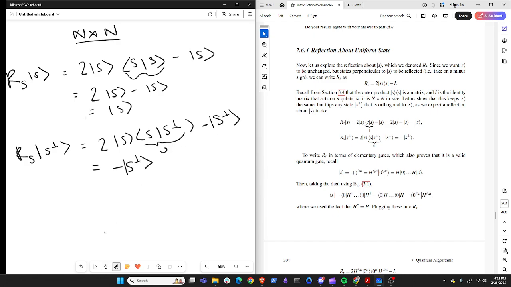Bam. So this will not affect the original S, but it will negate the amplitude for states that are orthogonal to it.